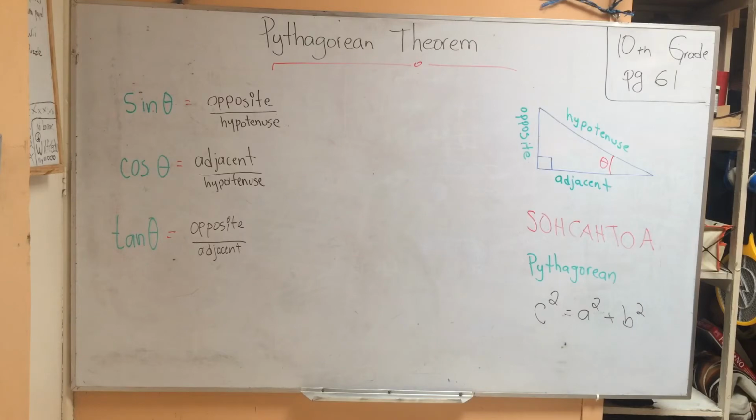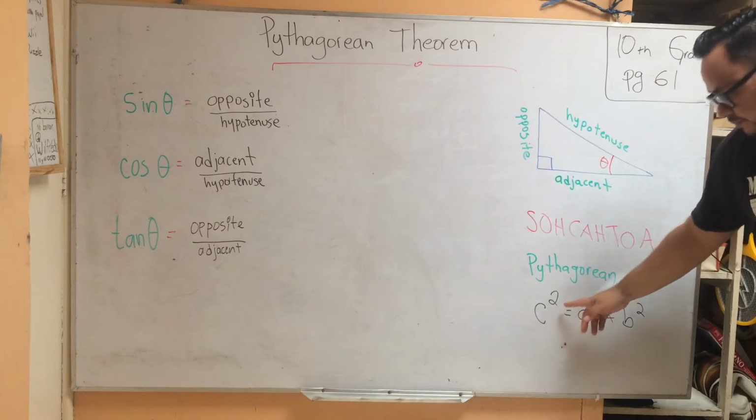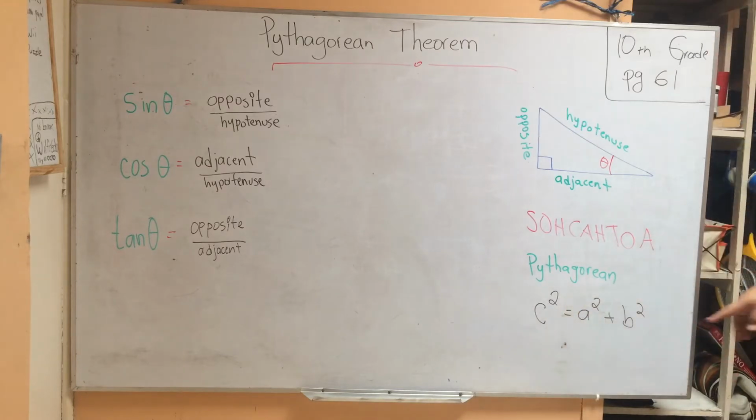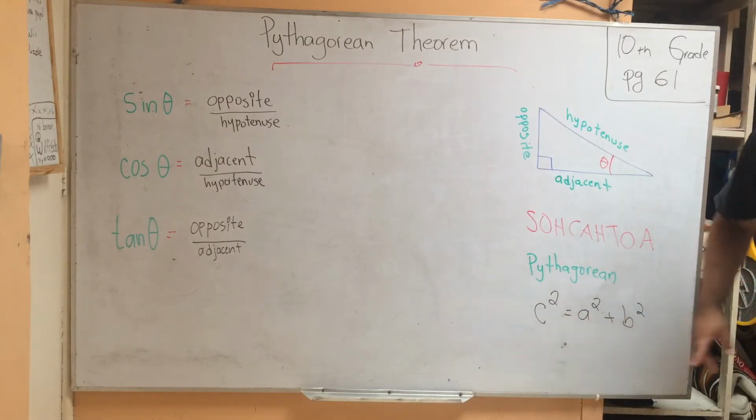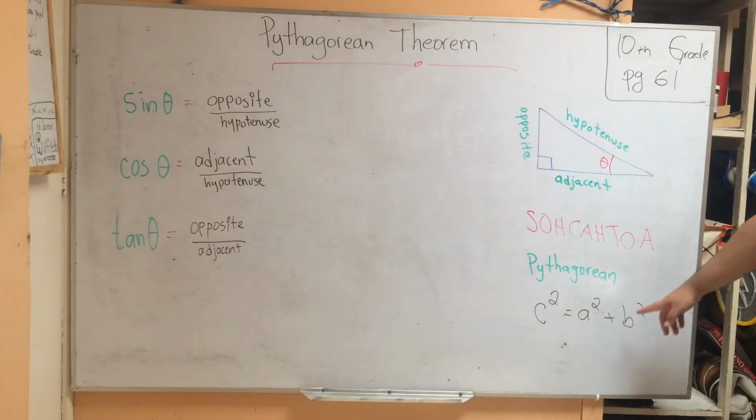What the formula itself is telling us is that the measurement of side C squared is equal to the measurement of side A squared plus the measurement of side B squared. Now, let's talk about those sides.